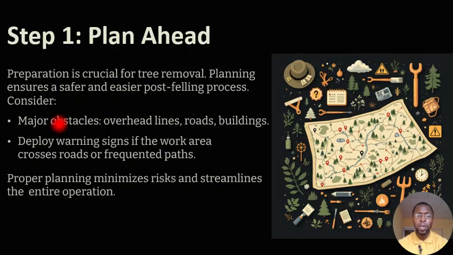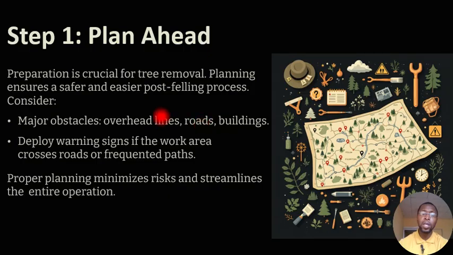Number one, you must consider major obstacles. As you're going to the forest, you must consider overhead lines that may be damaged while you are bringing in the tree. Consider the road. The road must be considered, whether the road is motorable or not. Okay, and the buildings around too.